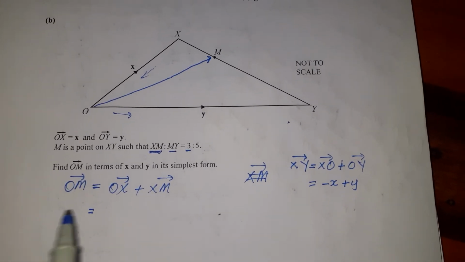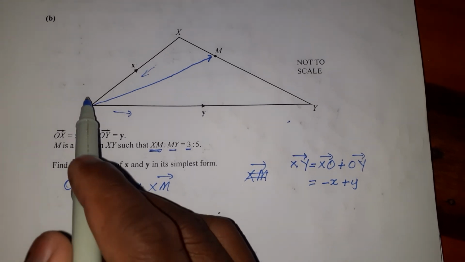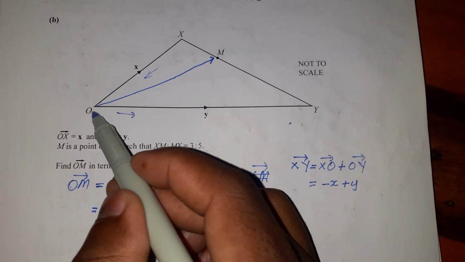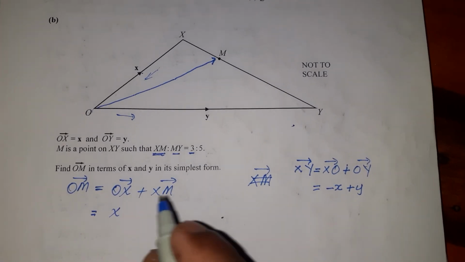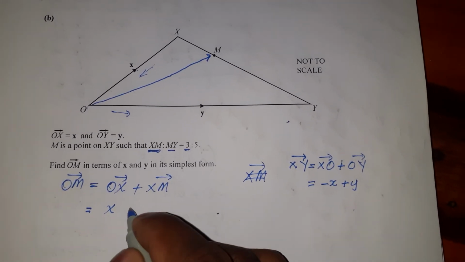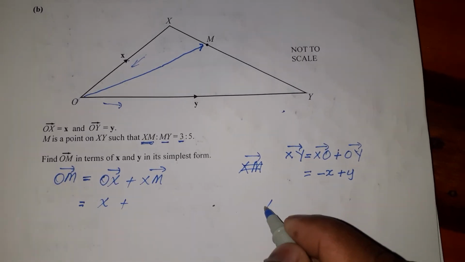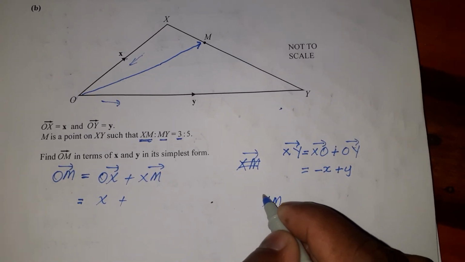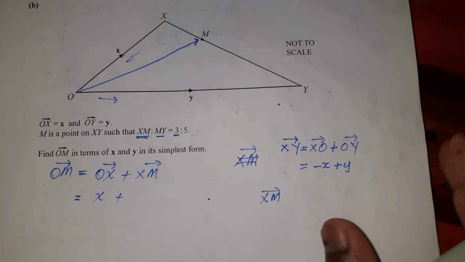What we can see here is that our OX, moving from O to X in the same direction with the arrow, it's positive x, plus our XM. Our XM now, where will I even get the other space for the second solution?